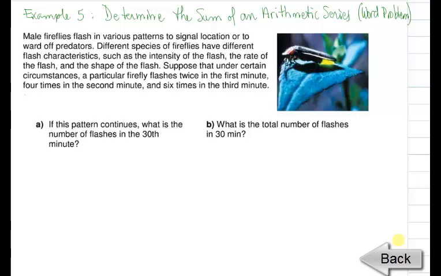So let's summarize this information. Okay, we have up to 3 minutes, so we're going to write a number of minutes: 1, 2, 3. And we also know the number of flashes for each minute.